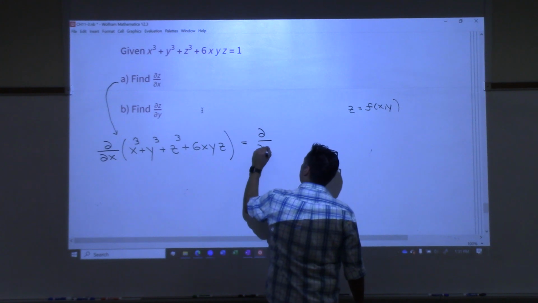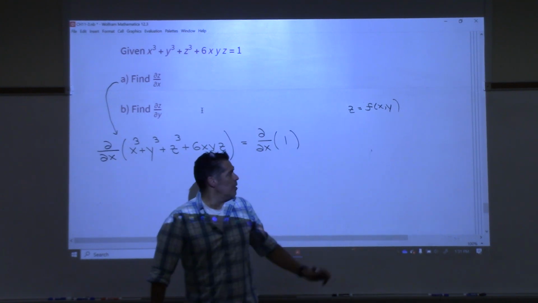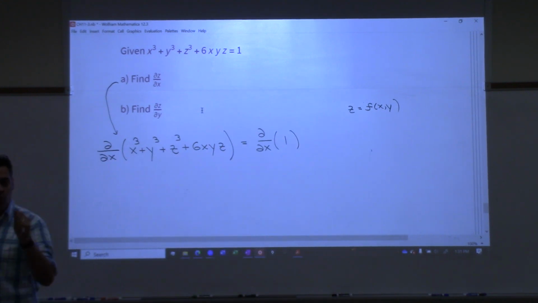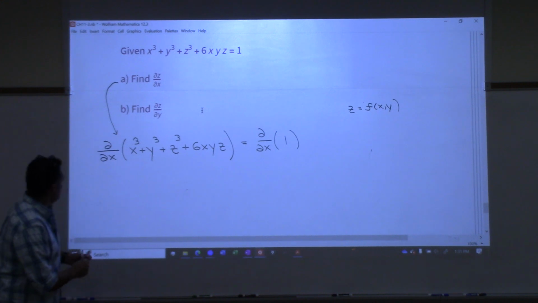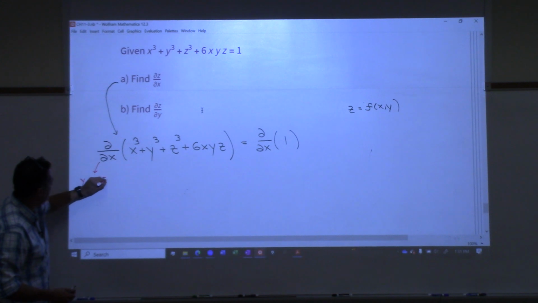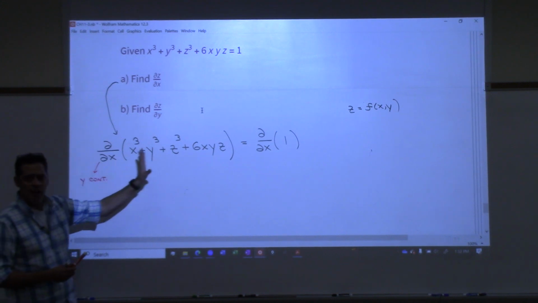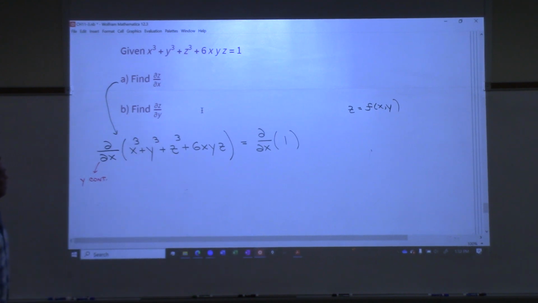Last class we said when you have a function of two variables and you take a partial with respect to x, you're treating y like a constant, right? And when you do a partial with respect to y, you're treating x like the constant. So when I'm doing this right here, it's telling me that y is going to be treated like a constant as I differentiate on both sides, right?